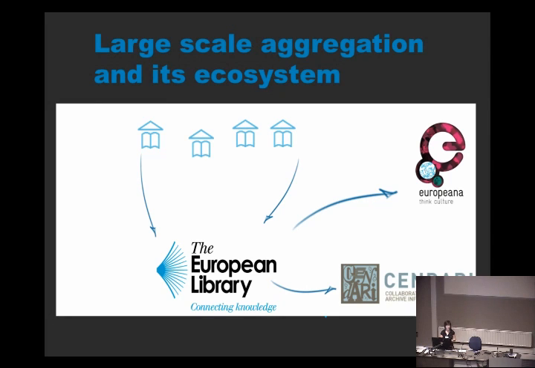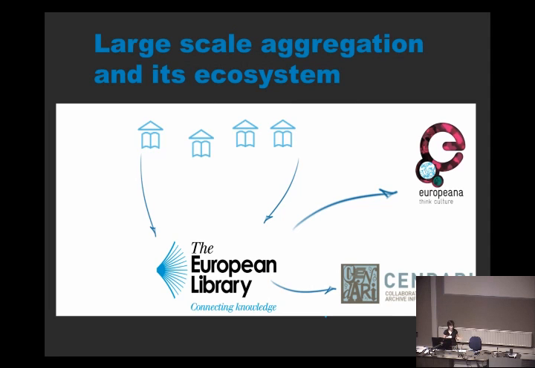So the European Library is representing libraries within the bigger landscape of Europeana, which represents all the domains together: the museums, archives, and libraries. And we are also working now with some research infrastructure, and more especially for these years with the Centauri project, which has started quite recently, 2 years ago, and I will talk a bit more later about this project and how we interact with it.